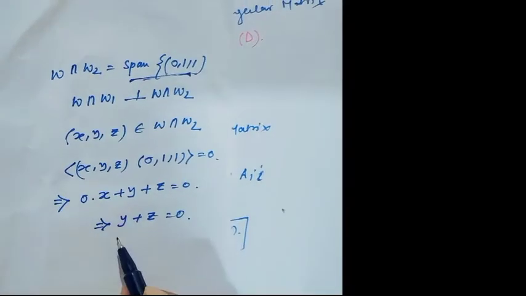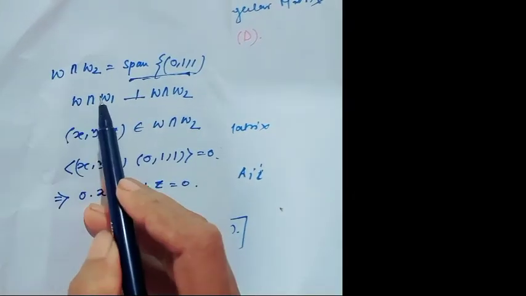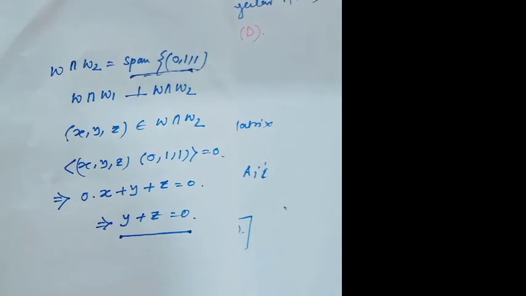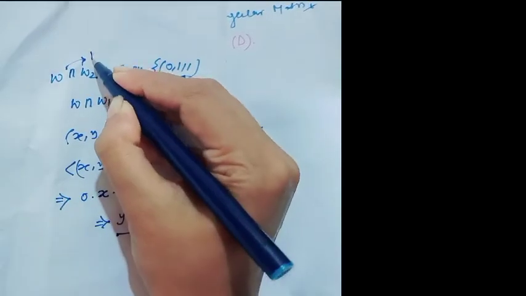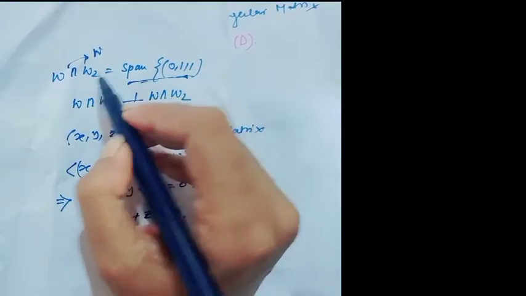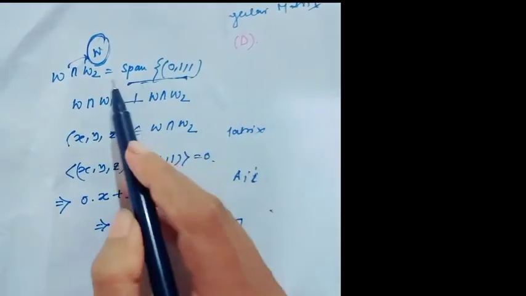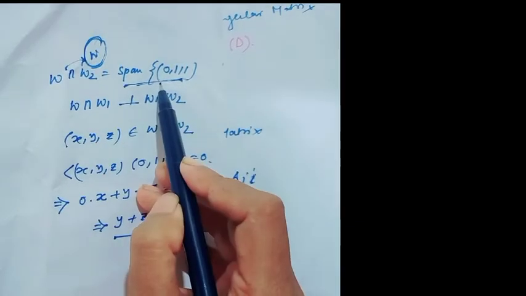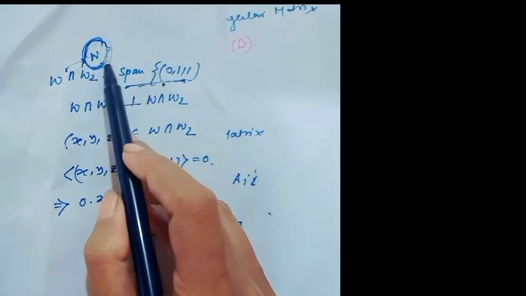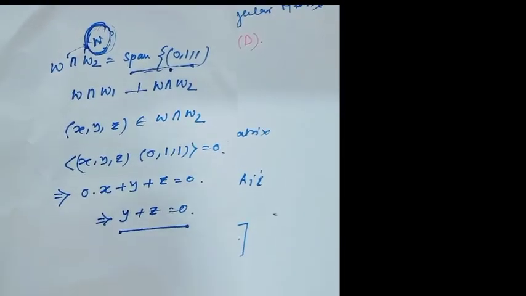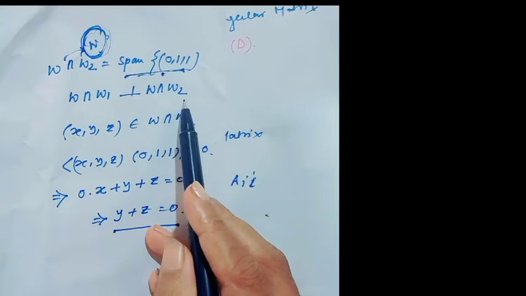And from this condition I have got y plus z equal to 0. Since both conditions concern their intersection, W intersection W2 is contained in the subspace W. That means this vector also spans the subspace W. Also given, W intersection W1 is perpendicular to W intersection W2.